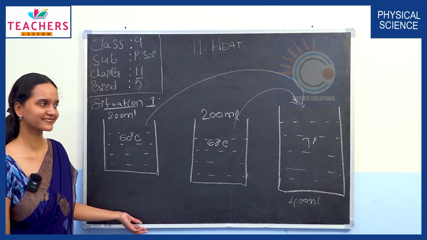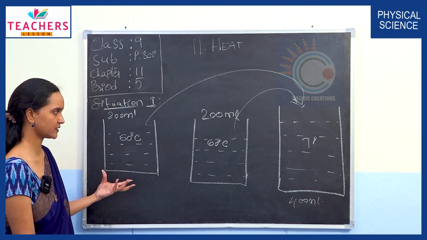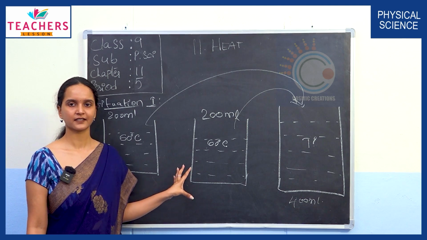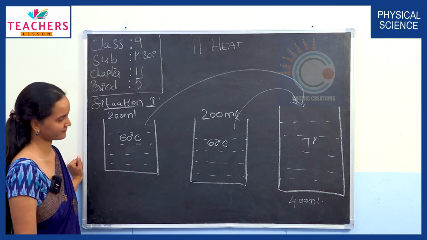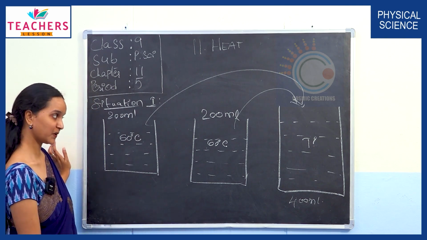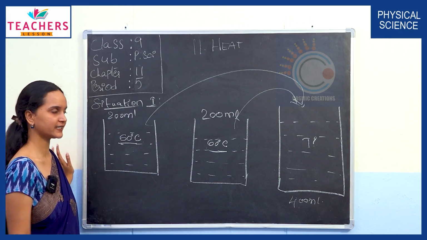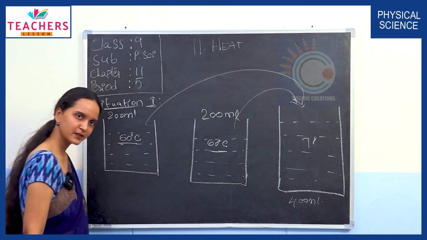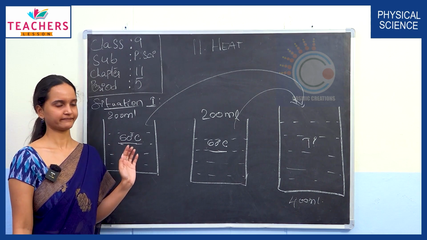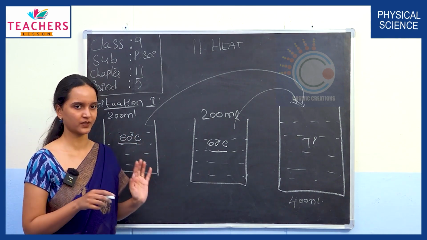What could be the temperature of the mixture? Any answers? Would it be greater than 60 or less than 60 or exactly 60? Really? Okay. Both are at 60 degrees Celsius. Without any loss of heat, I am just mixing them in a bigger beaker. Let's assume that there is no loss of heat to the surroundings.